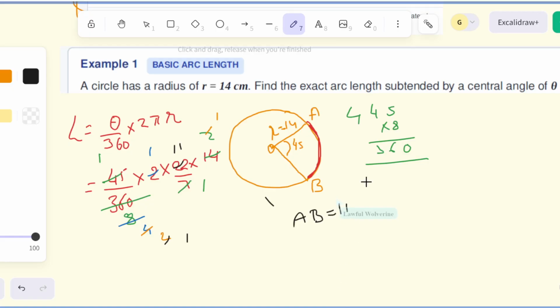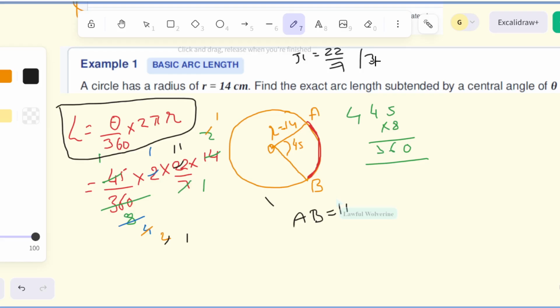So what we did, they have given us all the things. They have given us the radius, they have given us the angle, and then they ask us to find the length of the arc AB if the theta is 45. So we use the formula which says length of the arc will always be equal to theta upon 360 times 2 pi r. Pi value is always 22 upon 7.